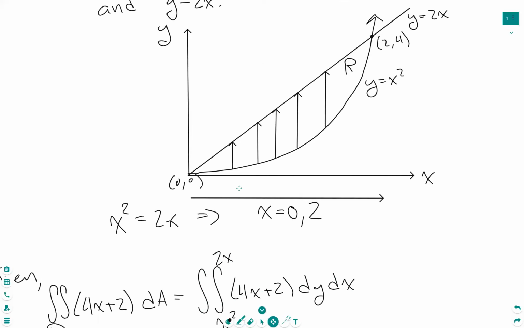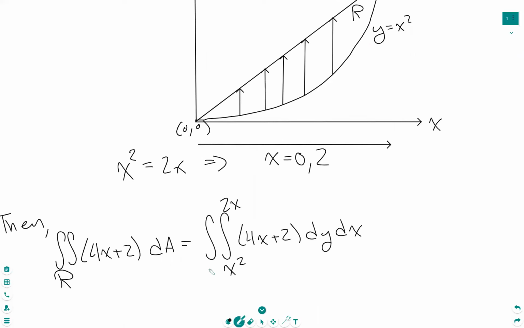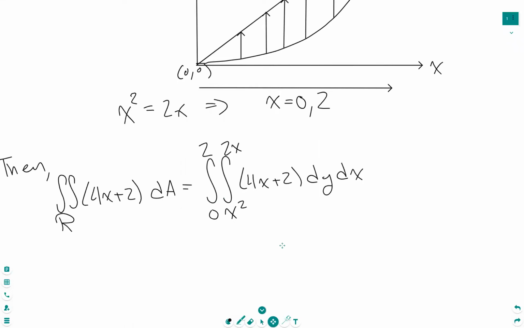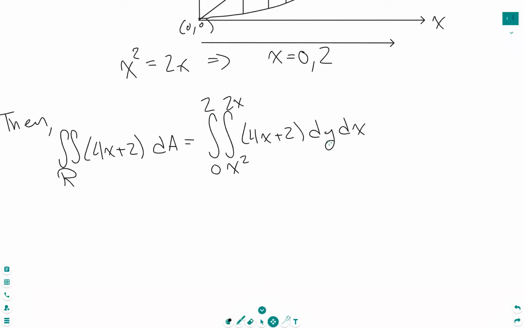So my traces, the domain on the traces go from this point to this point. So this is 0 to 2. If you wanted to, we'll just set up the integral doing it the other way, but we're actually going to evaluate it doing this way.